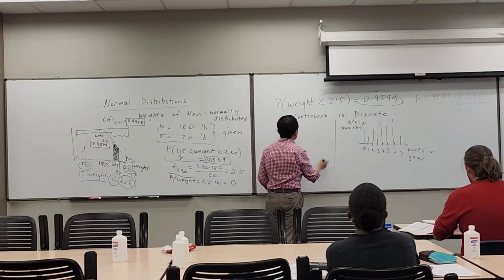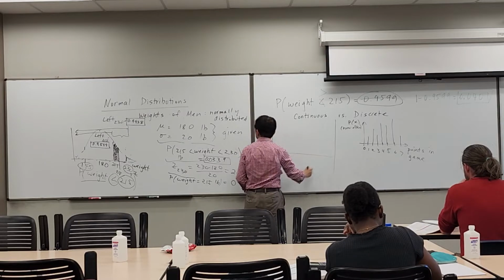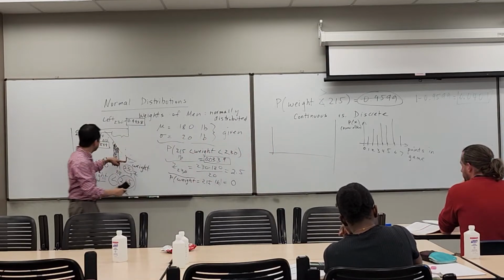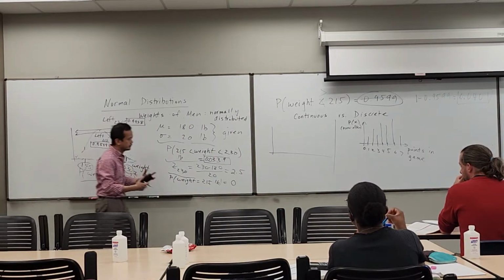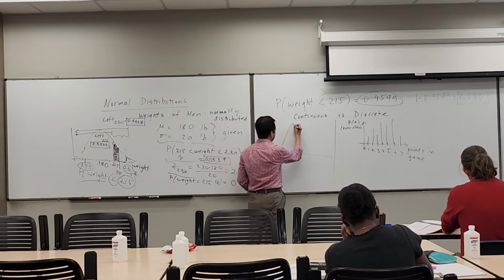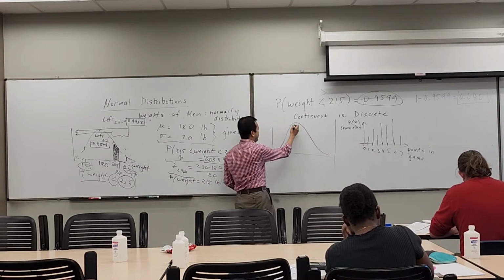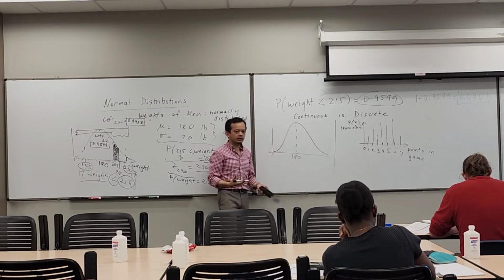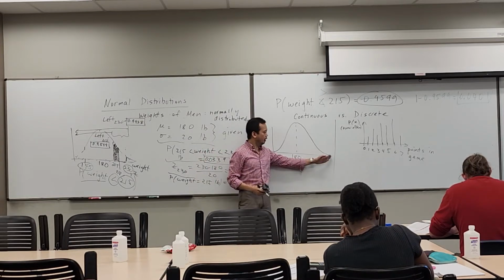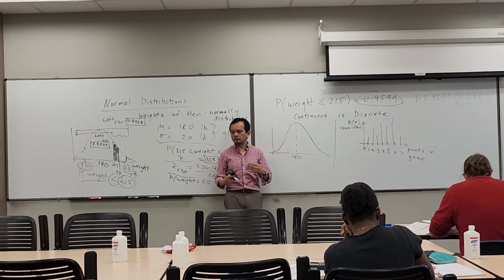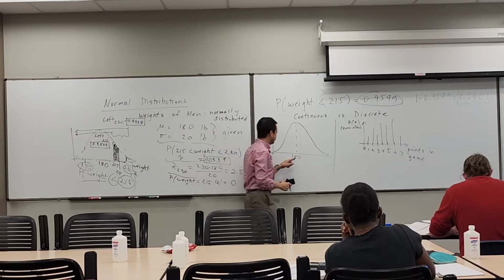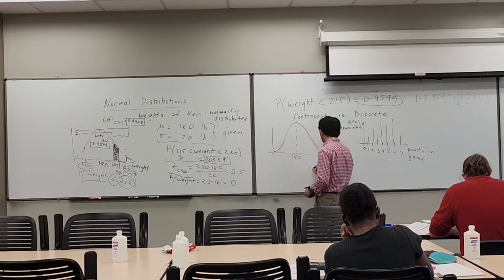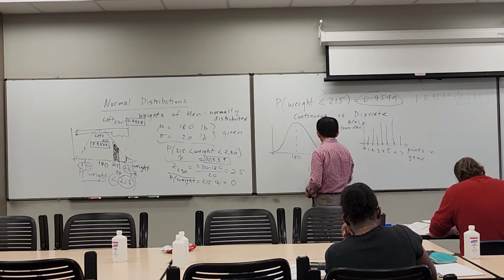If you compare that to a continuous distribution, what we're talking about now is a continuous distribution. Bell curves are continuous distributions. So what that means, if we're talking about weight, for example, that means we're implying that all values in this continuum are all possible. So theoretically, it's possible to have somebody who weighs 180.1246 pounds.